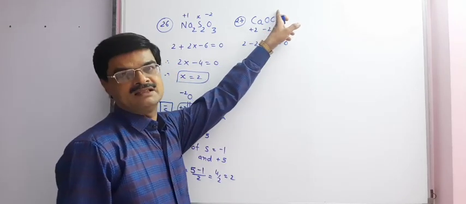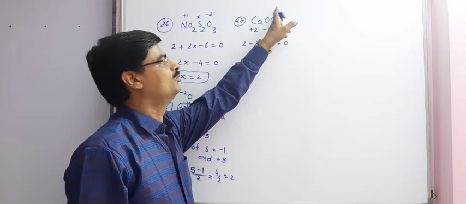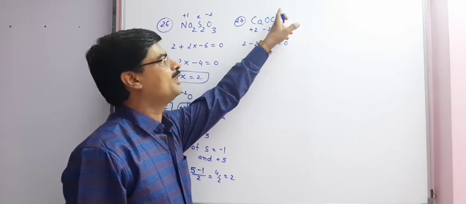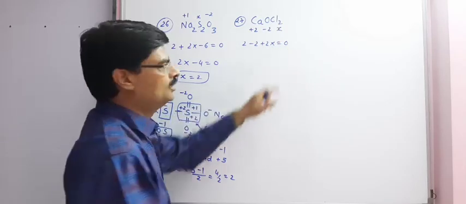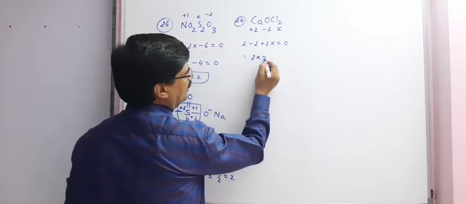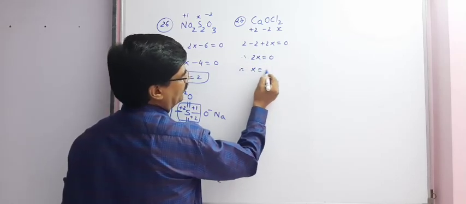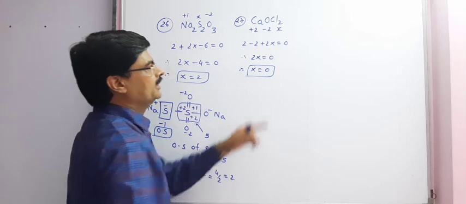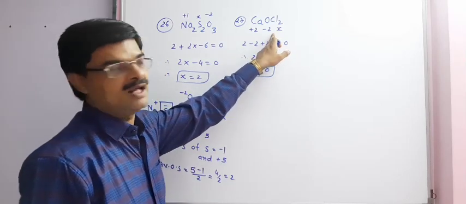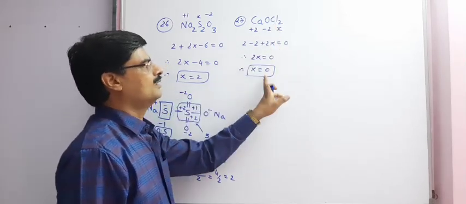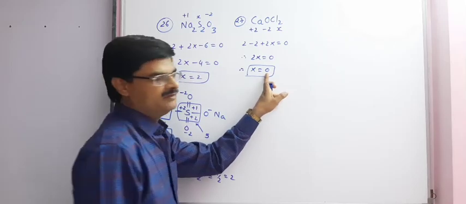Since the overall charge on the molecule is 0, the compound is neutral, therefore it is 0. 2x is equal to 0, so x is equal to 0. So here in this case, by using the formula method, the oxidation state comes out to be 0 for chlorine, which is wrong.